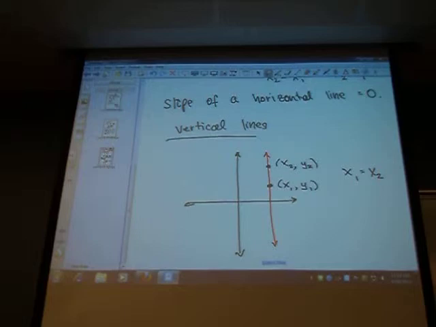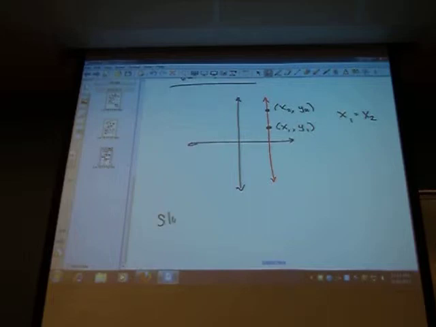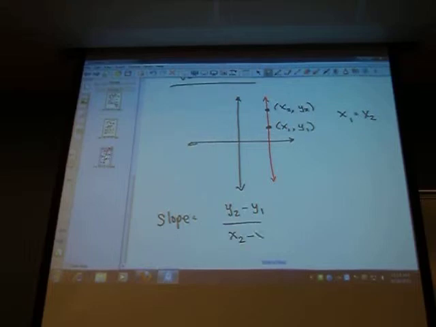Okay, so when I try to write my slope, well, y2 and y1, I don't know what those are. The x2 minus x1. Now x2 minus x1 is going to be 0. So now I'm going to have 0 on the bottom.